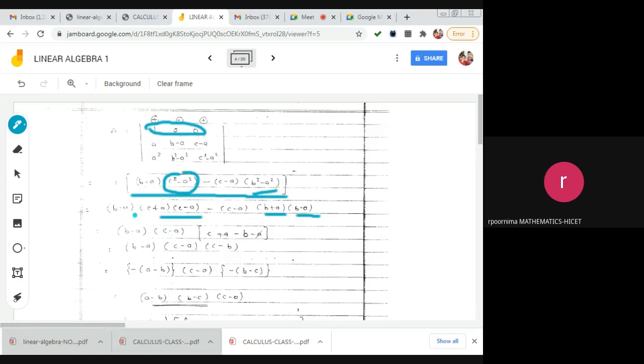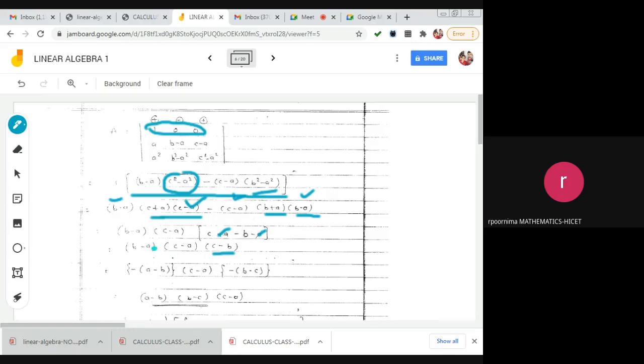We are taking b minus a into c minus a as a common term from the first two. Inside the bracket, you will be getting c plus a minus of b plus a, that is minus b minus a. So c plus a minus b minus a. This minus a and plus a get cancelled, so you will be getting c minus b.